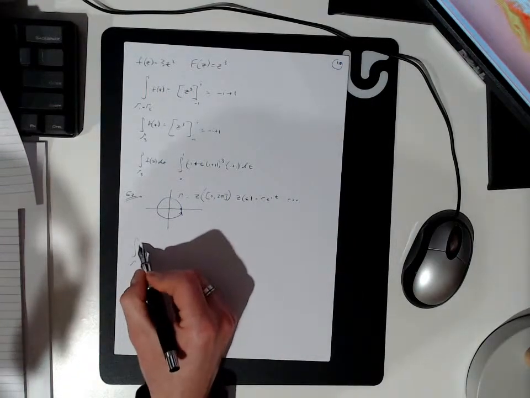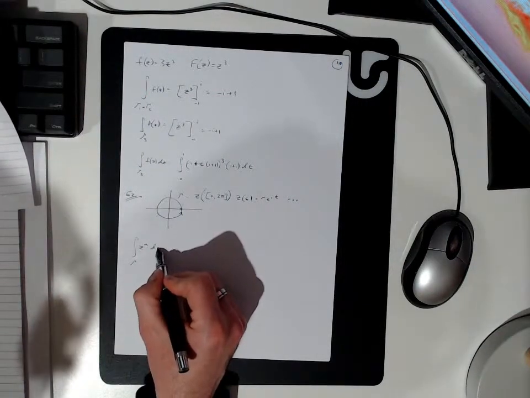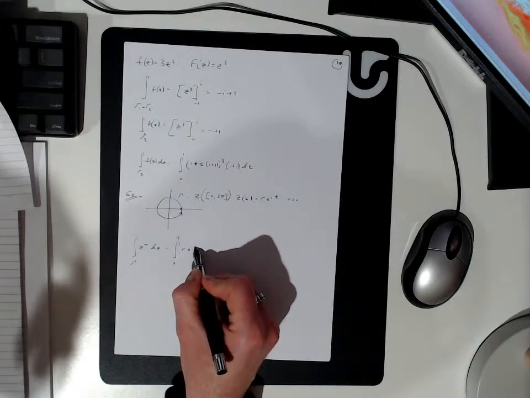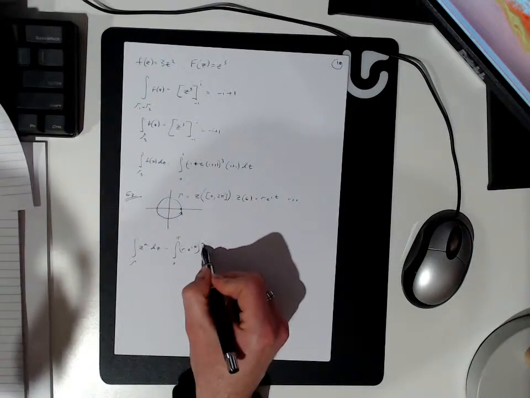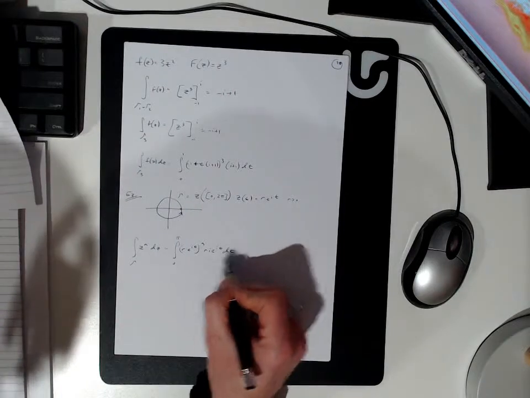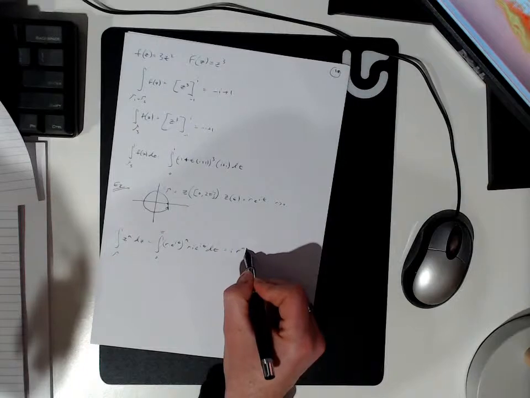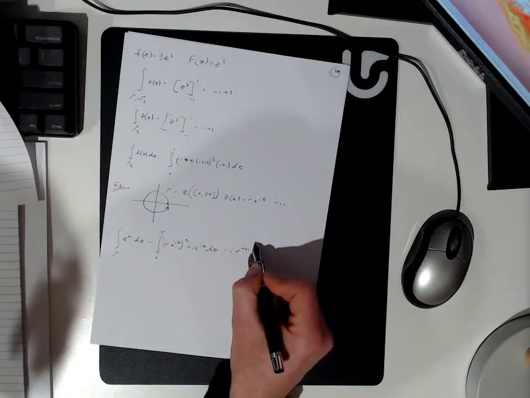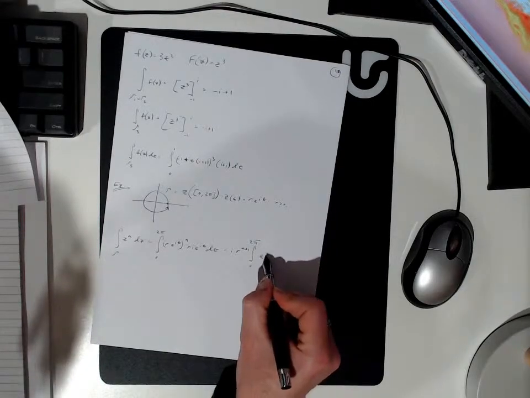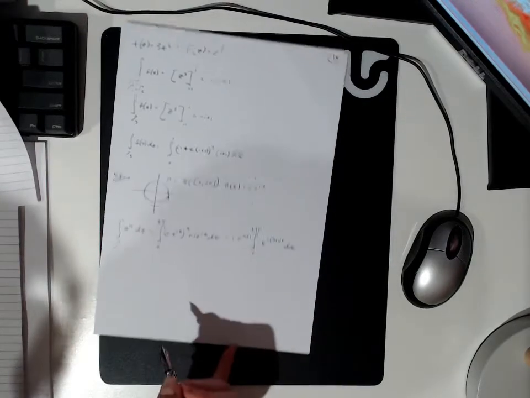The integral over gamma of z to the n dz, I'm not going to specify the n, equals the integral from 0 to 2 pi of (r e to the i t) to the power of n times r i e to the i t dt, the derivative. So this is equal to i r to the n plus 1 times the integral from 0 to 2 pi of e to the i (n plus 1) t dt.